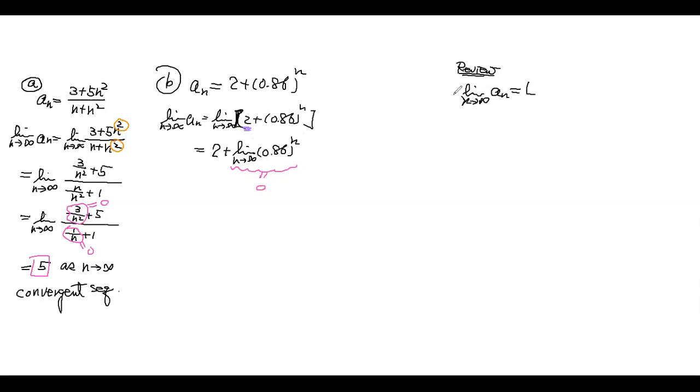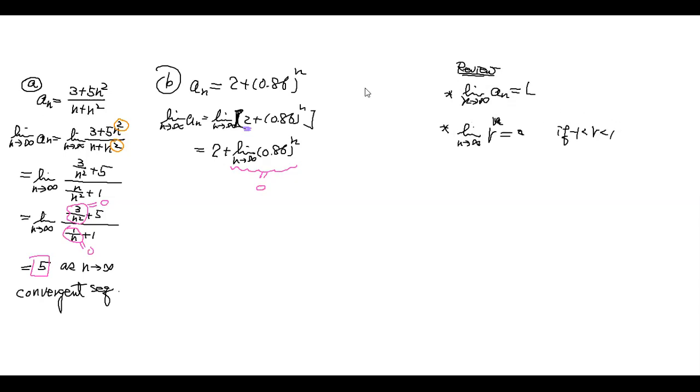Why? Let's do another review. We know the limit as n approaches infinity of r^n approaches 0 if r is between -1 and 1.